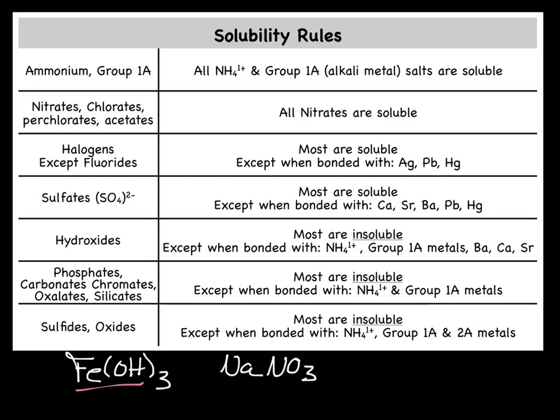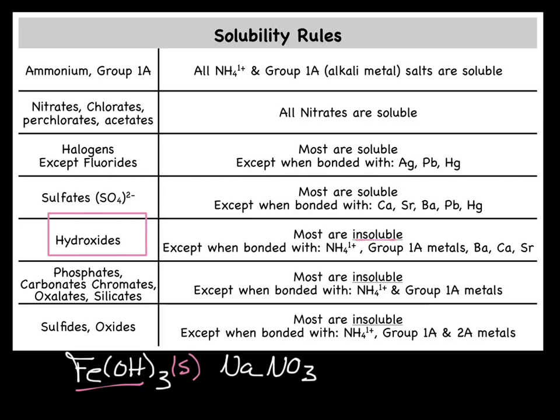OH is a hydroxide, and most hydroxides are insoluble, except when bonded with NH4, group 1A metals, and Ba, Ca, and Sr, which is not true of FeOH3, which means it is going to be a solid because it's insoluble.